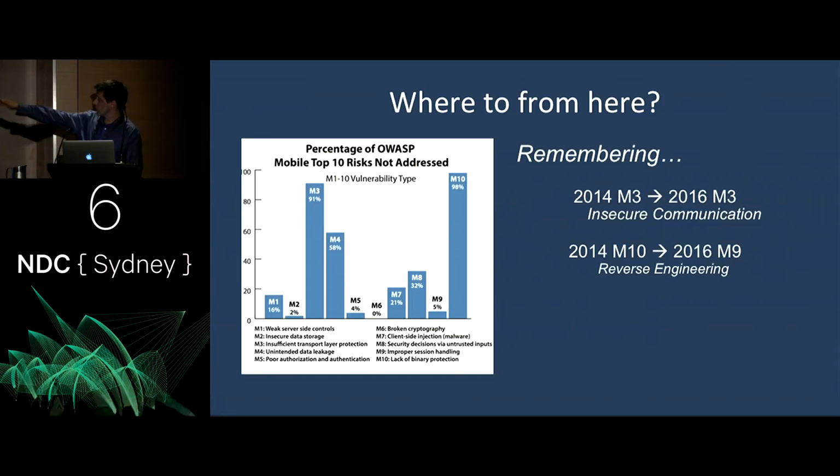So if you remember those ones that are really high up, M3 is still M3 in the 2016 list. That's insecure communication. So that's things like, or things that would include a man-in-the-middle attack that we just looked at. M10, that massive one on the right, has become M9 in the 2016 list. That's reverse engineering or decompiling.